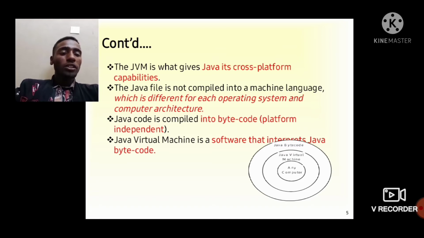Instead, Java code is compiled into bytecode, which is platform independent. Platform independent means the written Java code can run on your Android phone, on your PC, on Windows, Mac, and Linux. Also, the Java Virtual Machine is software that interprets Java bytecode.